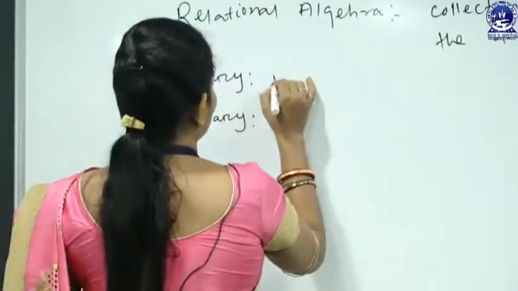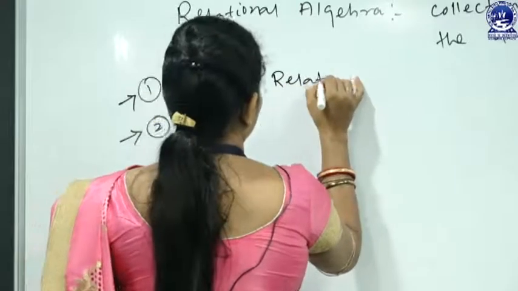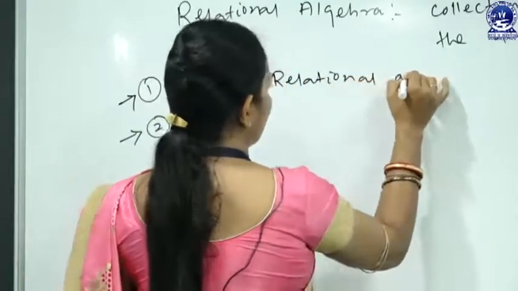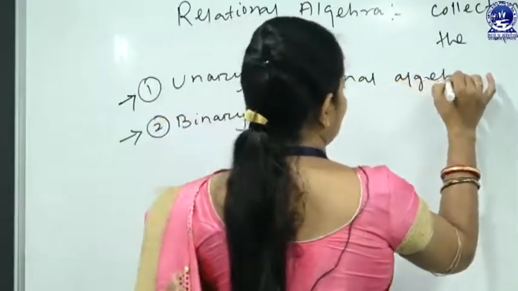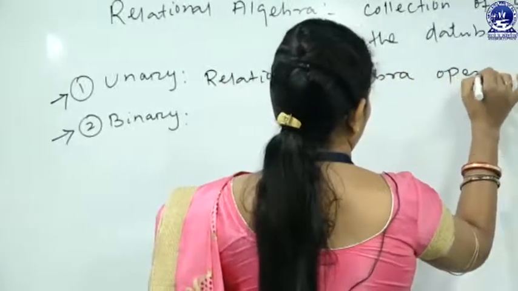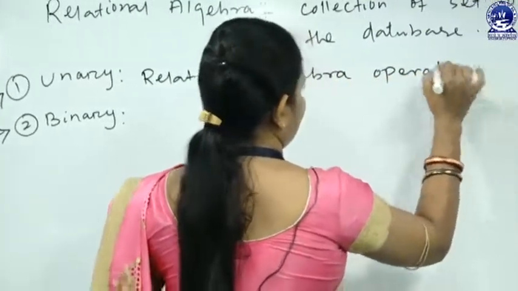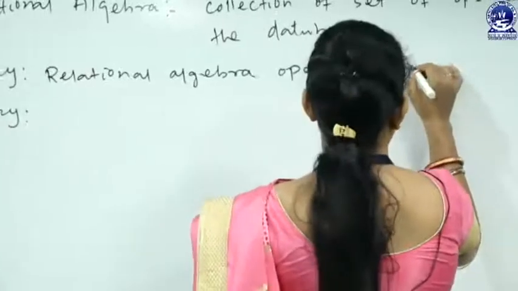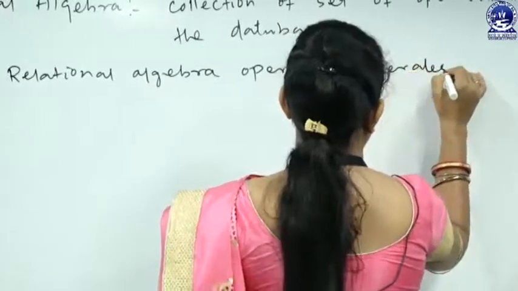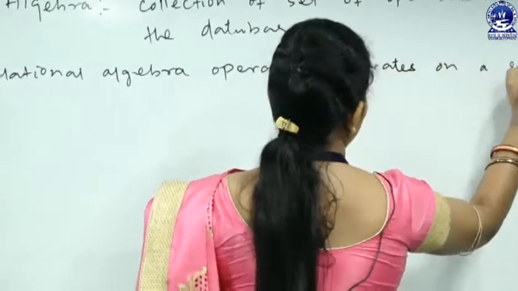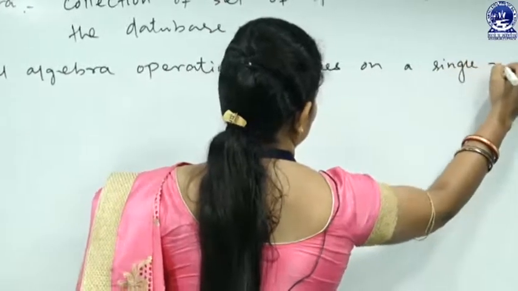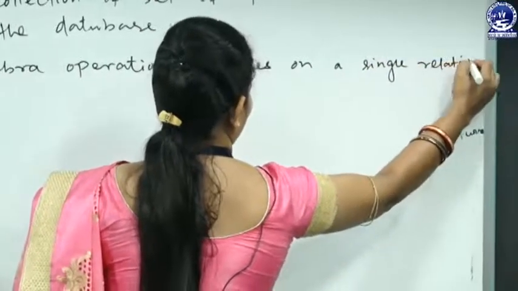Unary means the relational algebra operation operates on a single relation. Okay?